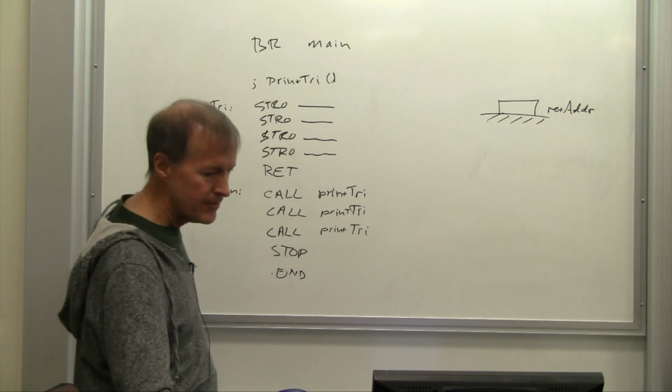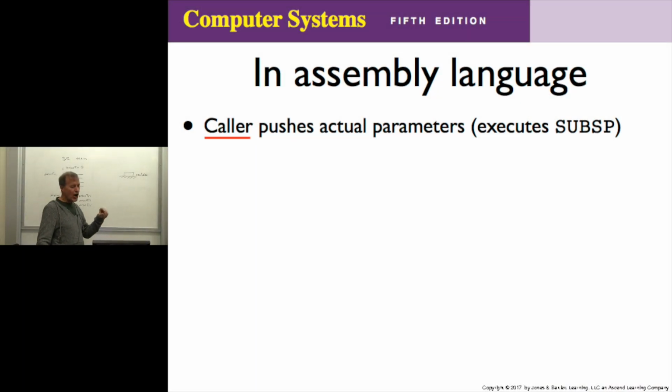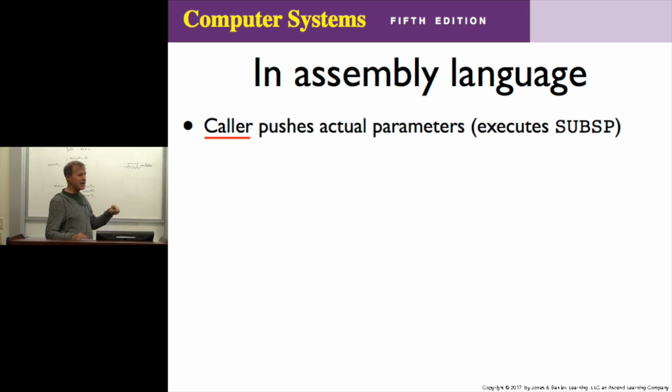Now watch. The caller pushes the actual parameters. We've seen how to push something onto the runtime stack. You remember? We do it with sub SP. So the caller does that.